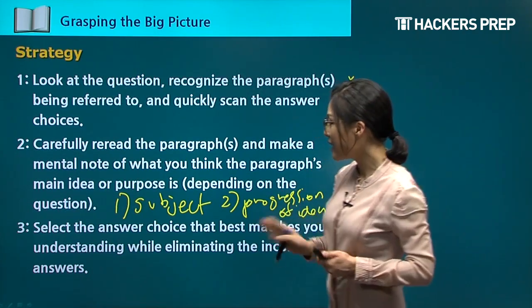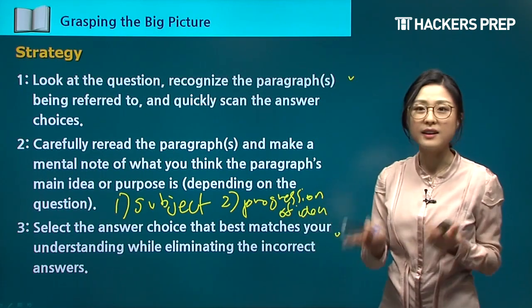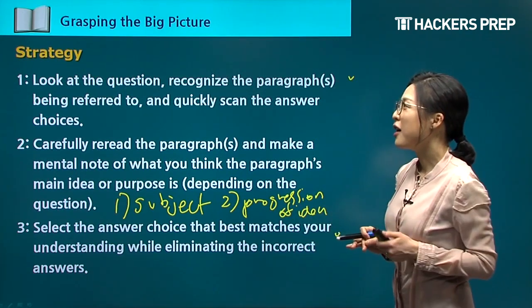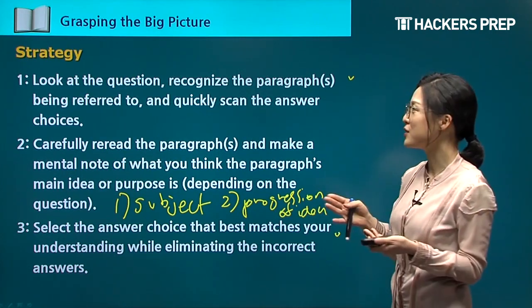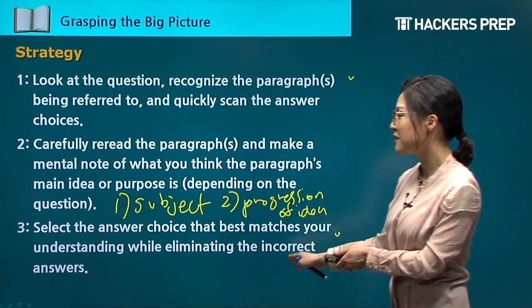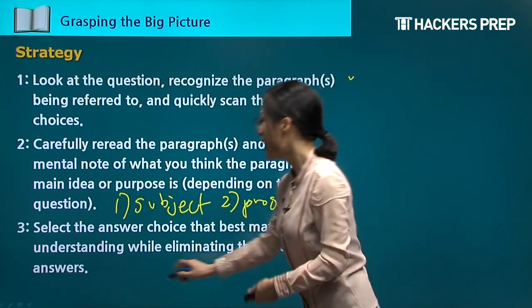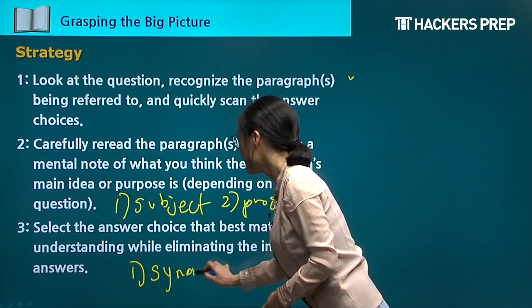Last, step three, select the answer choice that best matches your understanding while eliminating the incorrect answers. Now, on a very different note, compared to the questions that have to do with the entire reading passage, in the answer choices for the paragraph level questions, you will see how synonyms do help.